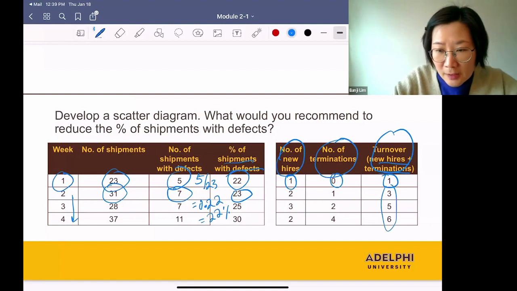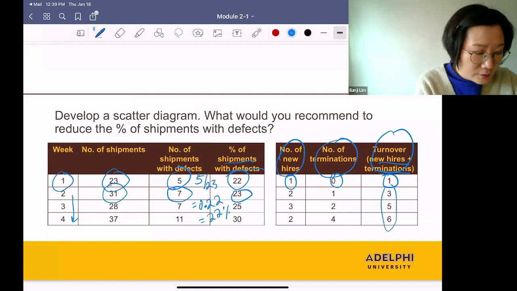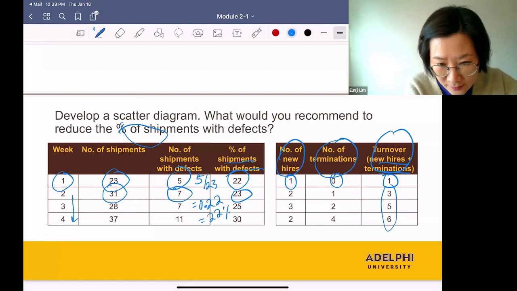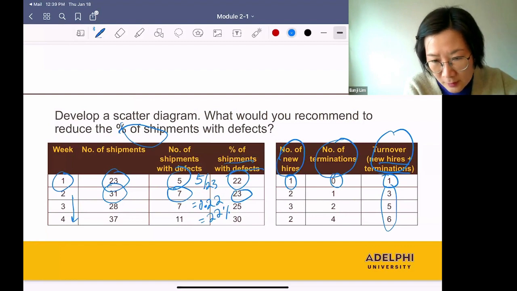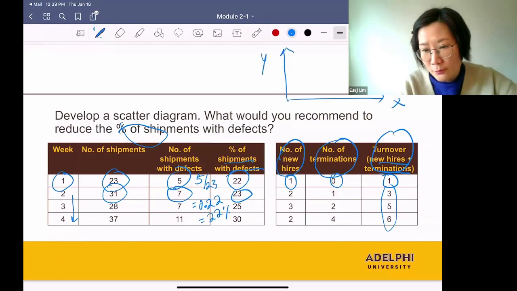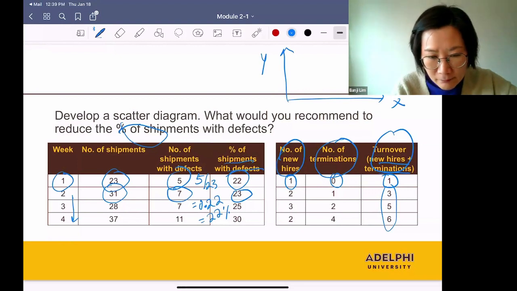And you're concerned about the percentage of shipments with defects. This percentage is increasing. And you want to find out the root cause of this problem, and you want to use a scatter diagram. So what should you put on the x-axis of this scatter diagram, and what should you put on the y-axis?